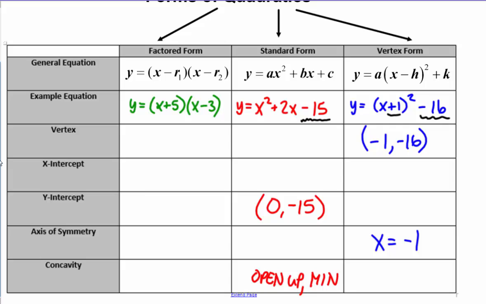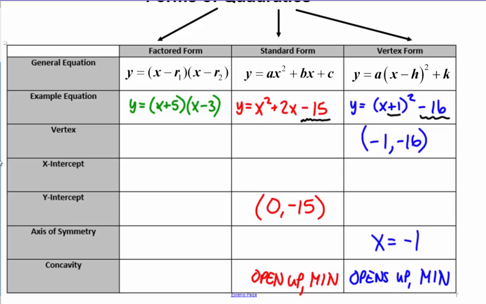Now, because we also have an a value written in vertex form, it's very, very easy to see that our a value is, again, that positive 1, it's positive, that means it opens up and will have a minimum value. So we can say it opens up and has a minimum value.